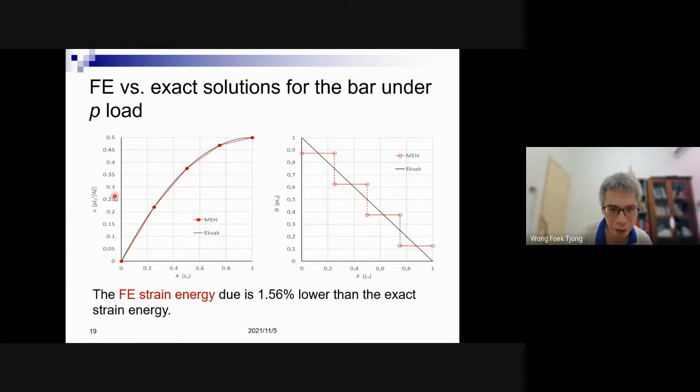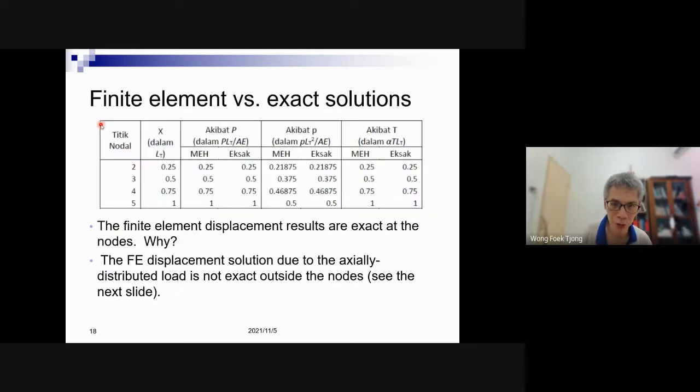But unfortunately, how about the normal force? According to the exact solution, the normal force is a linear function, like this. The normal force distribution, due to distributed p only, right?